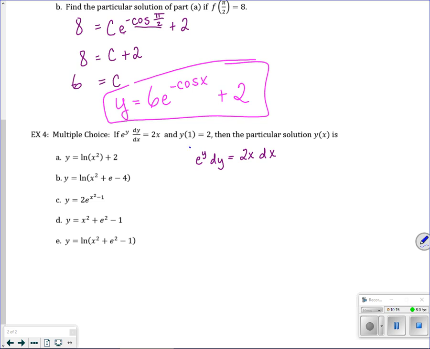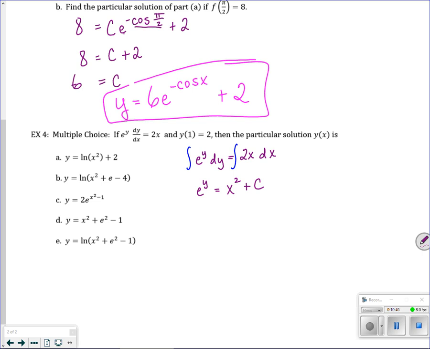I'm going to integrate and integrate. So I have, let's see, the integral of e to the y dy is just e to the y. And then this integral is x squared plus c. Now again, I don't get an ln, so I would solve for the c right there. You can do it in two different spots.